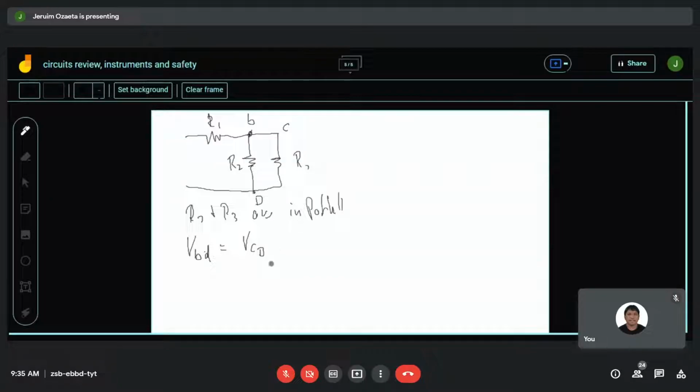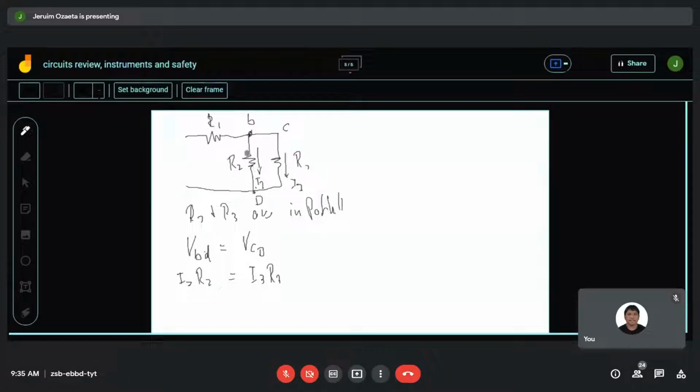Okay. And what is this voltage drop? The voltage drop here is the current I sub 2, which is equal to I sub 2 R sub 2, also equal to I sub 3 R sub 3.